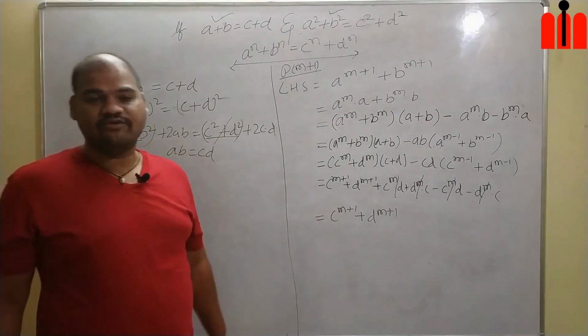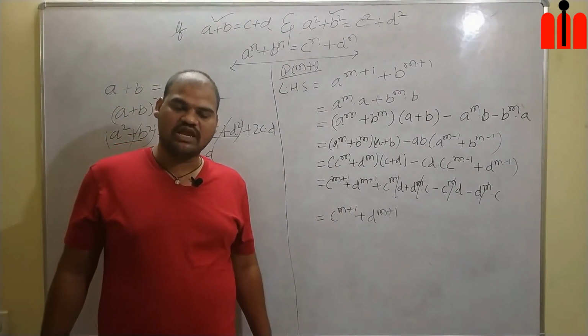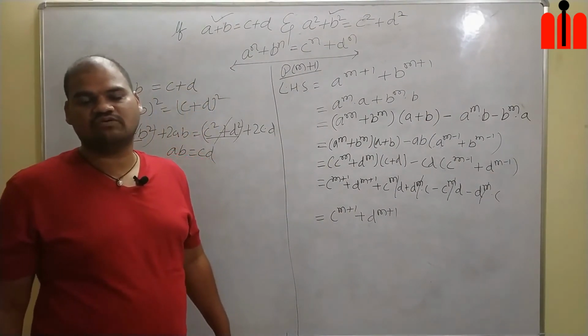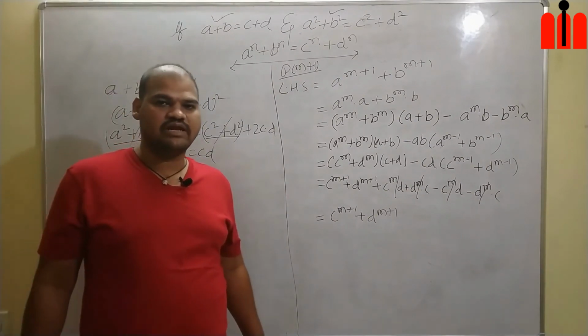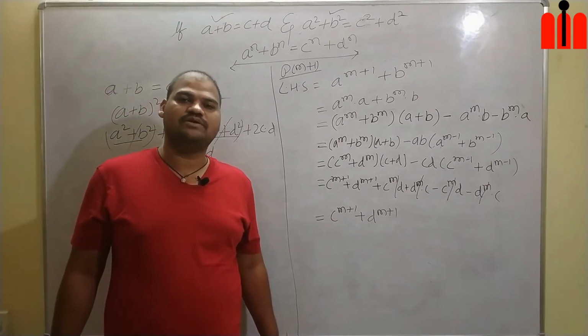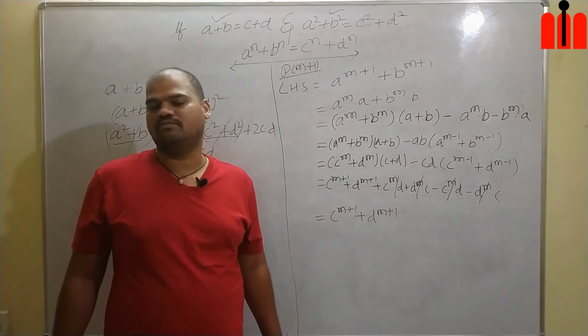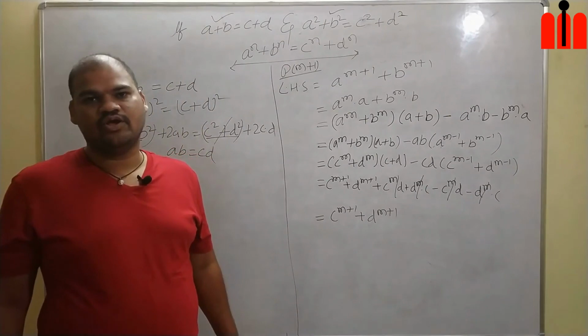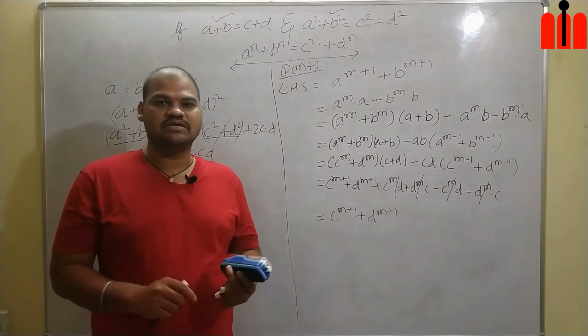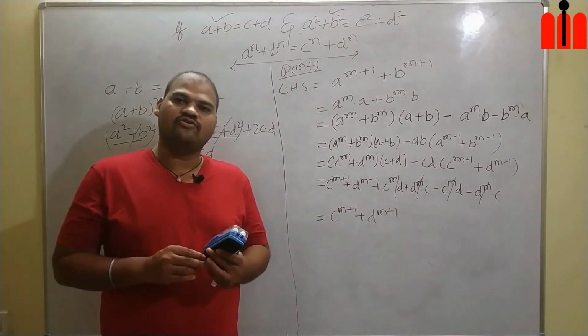So if a plus b is equal to c plus d and a square plus b square is equal to c square plus d square, then a to the power of n plus b to the power of n is equal to c to the power of n plus d to the power of n. Okay, this completes category 11 of the second principle.